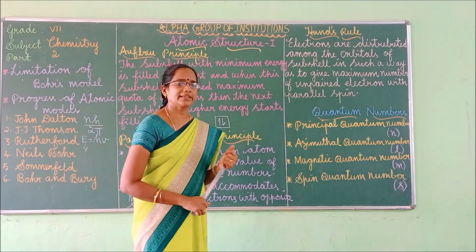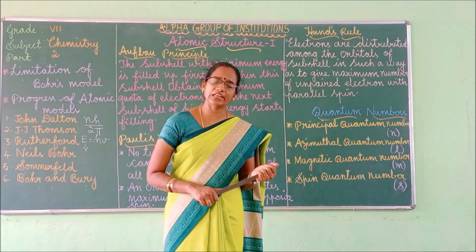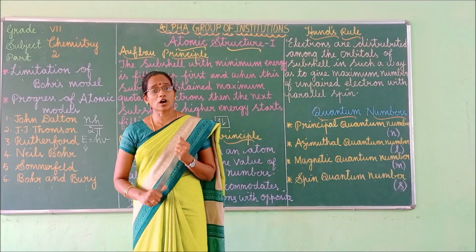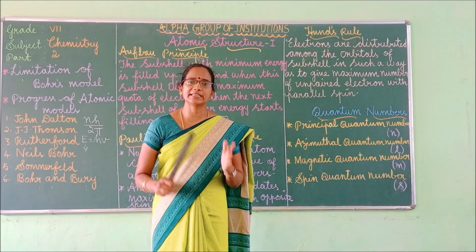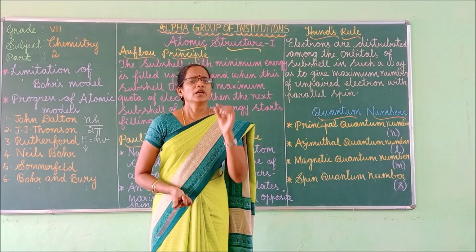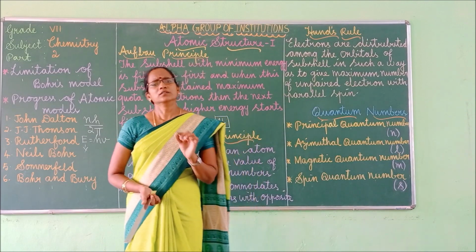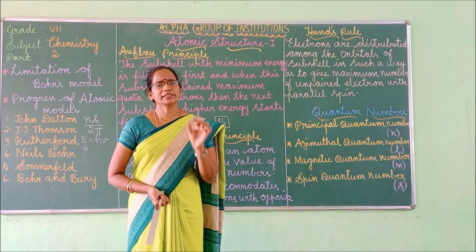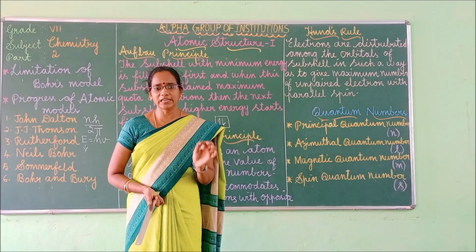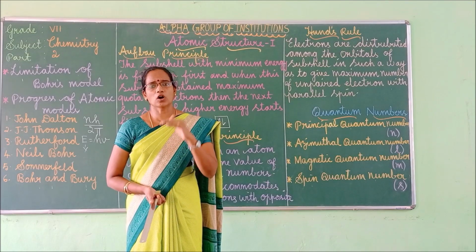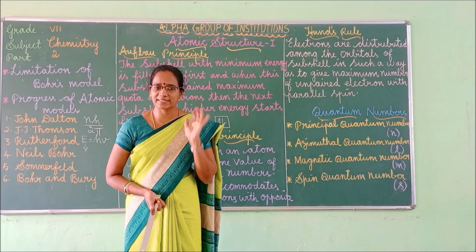Hund's rule states that in case of filling the atomic orbitals of a multi-electron atom, the electrons will fill singly, then only double occupancy starts.